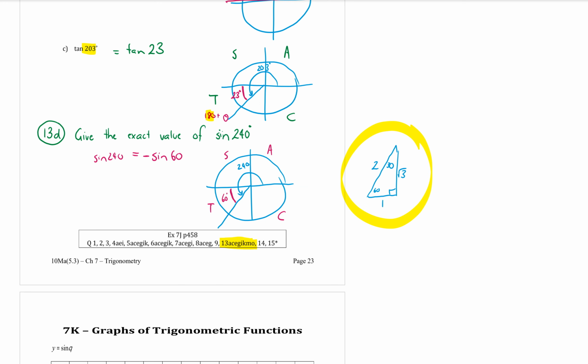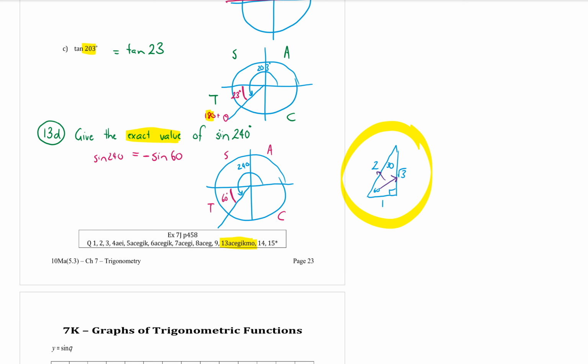The extra step here is to find the exact value of sine 60 by using this triangle over here that I've drawn for you. Now, sine of 60, remember using SOHCAHTOA, sine is opposite over hypotenuse. So in this triangle, for 60 degrees, the opposite is the root 3 and the hypotenuse is the 2.